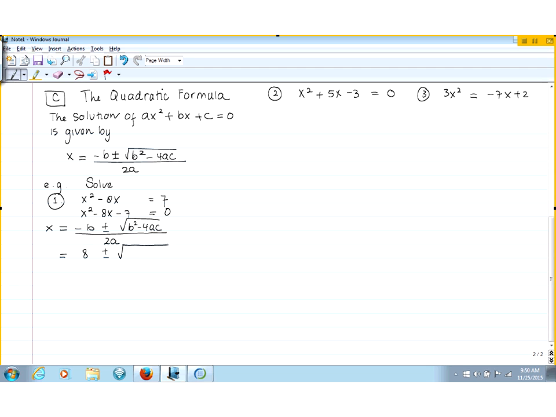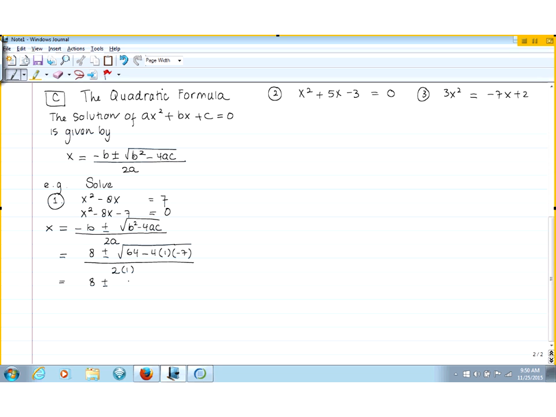So x equals 8 plus or minus the square root of 64 minus 4 times a, a is 1, times c, c is negative 7, all over 2a, which is 2 times 1, which is 2.